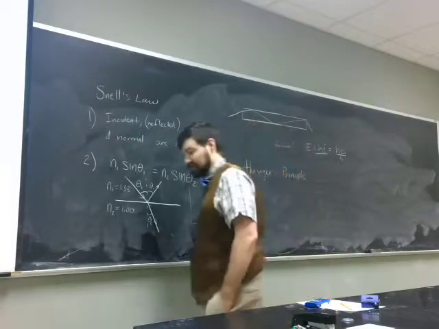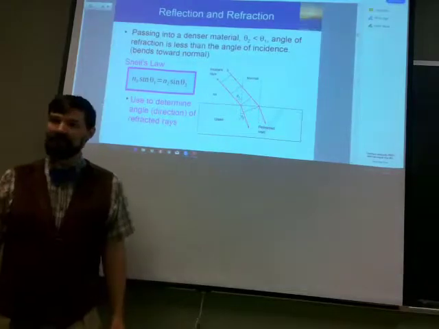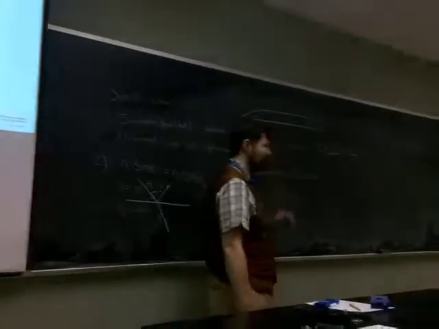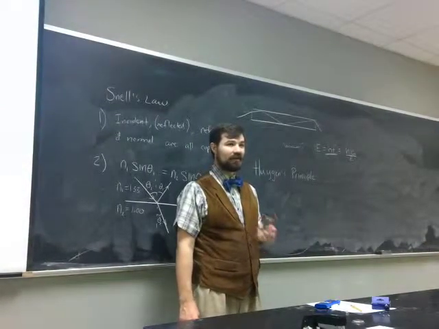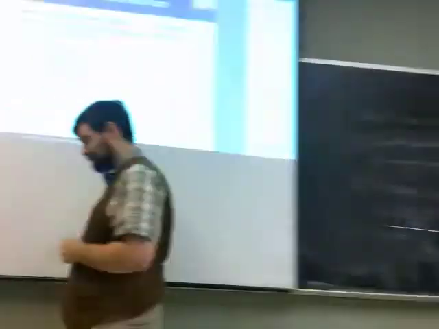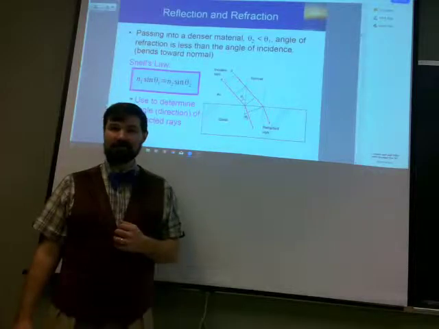It's named after Christian Huygens, who was a contemporary of Isaac Newton. Now, Newton and Huygens were proponents of their own theories as to what light was. What is the nature of light? Newton liked to think of light as being essentially particles.